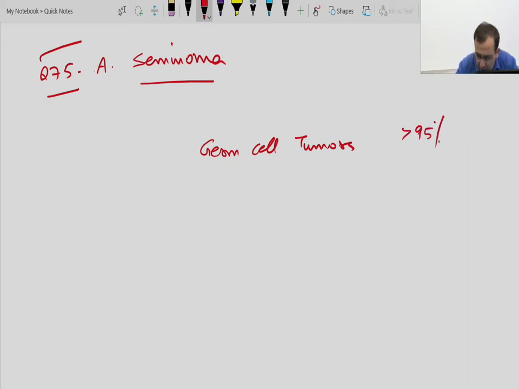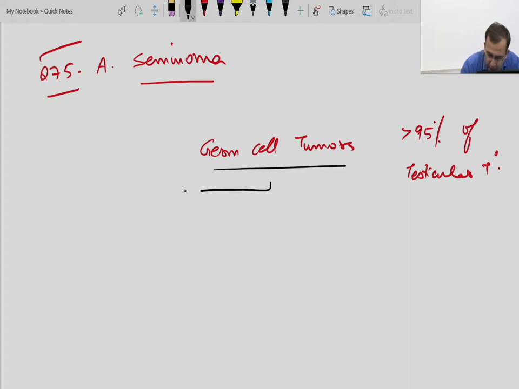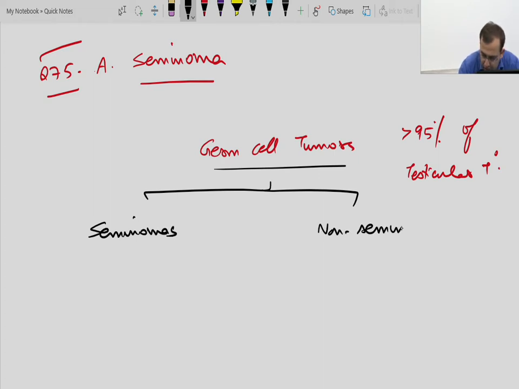Because more than 95% of all testicular tumors are germ cell tumors. Next point, how do we classify them? Germ cell tumors can be divided into seminomas and non-seminomatous germ cell tumors.